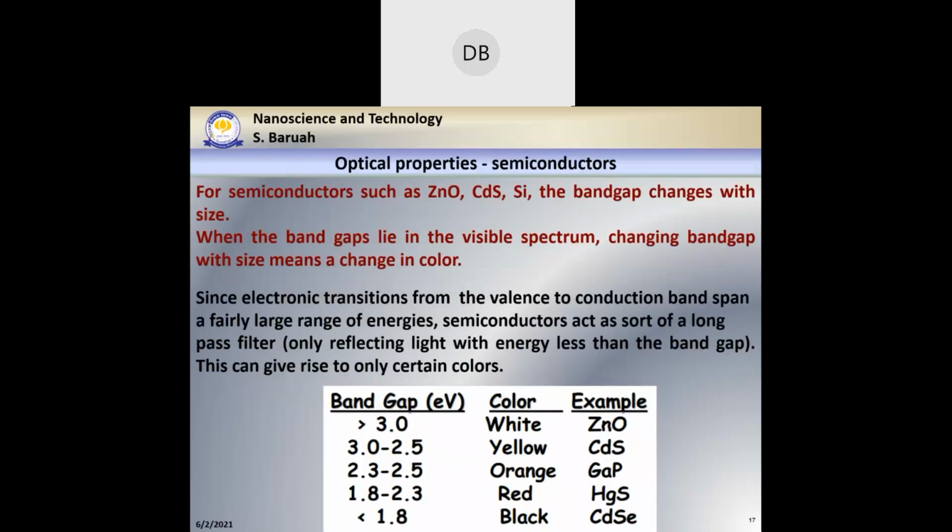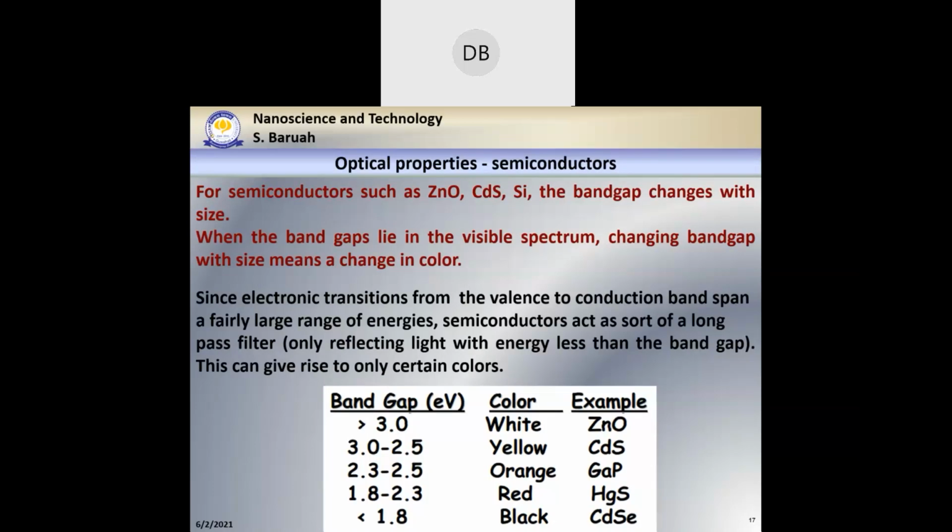Now, talking about optical properties of semiconductors. So we already talked a little bit about metals, where we say that the color that we see of metallic nanoparticles is based on what we call surface plasmon resonance.